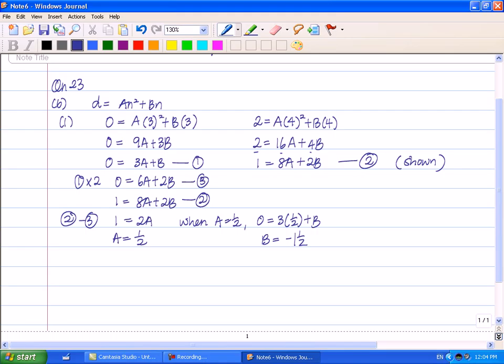Hence, I have the value of A and B, and my equation for the number of diagonals will be half n squared minus 3/2 n. Hence, find the number of diagonals in a polygon with 20 sides. If it's 20 sides, that means n equals to 20. So this is part 2.